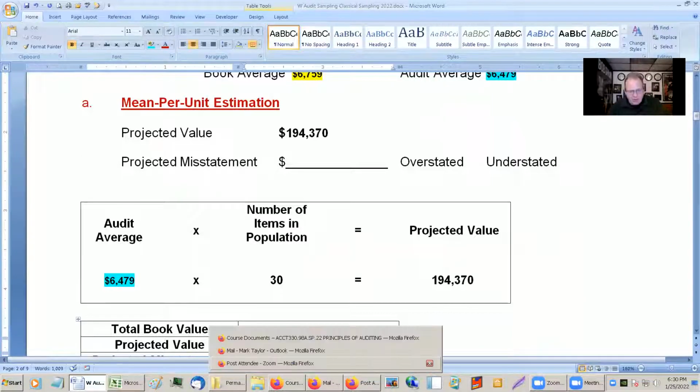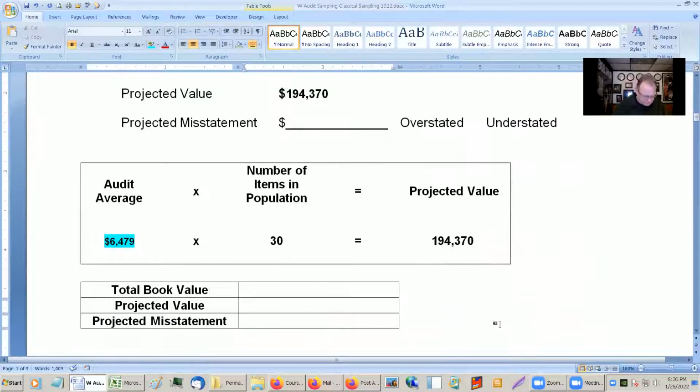Coming down here, they have a book value of 200,000. Our projected value is 194,370.